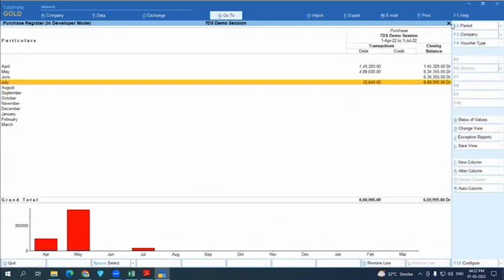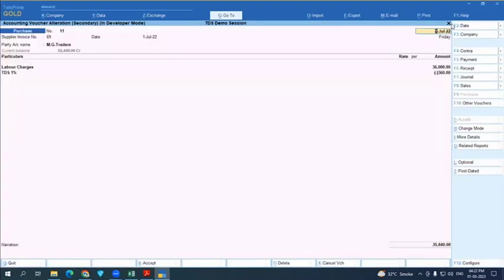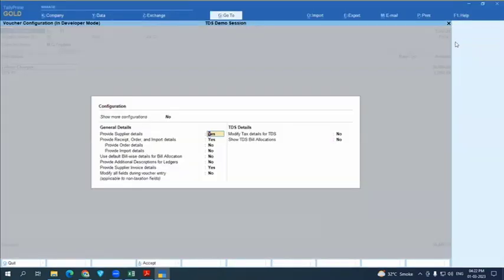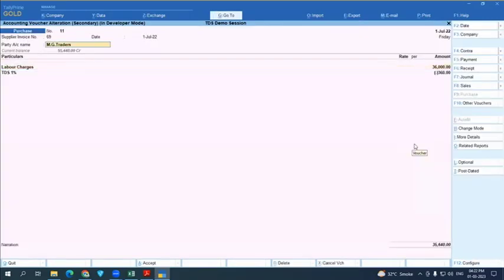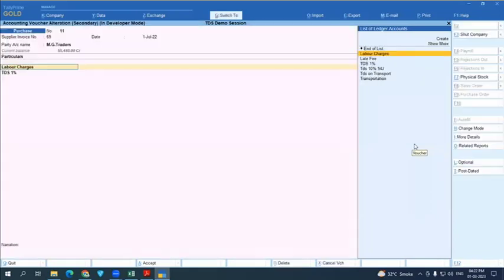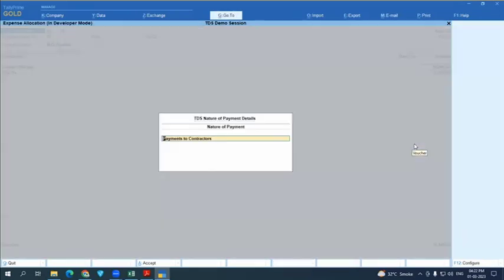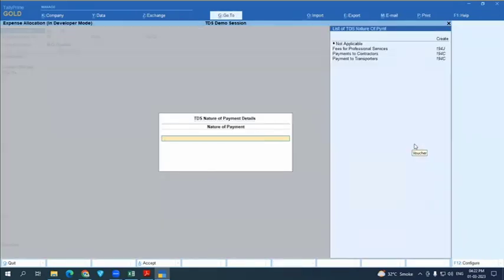So that will be, I think, a somewhat confusing part. So I'm not going into that in depth, but let's show you here. There is an option in Tally. Even though you have configured it there, you can select modify tax details for TDS here, like GST. And now see what happens. Tally will ask you which category you are going to put here.